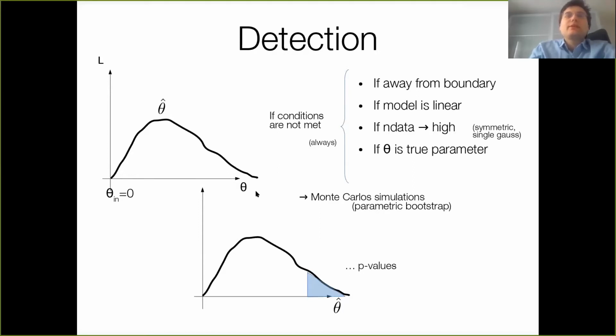And one particular case here is detection. So if you have some parameter, for example, the normalization of a new component, you want to say, okay, I detect this, I don't know, emission line or something like that. Then that normalization will go off from 0 and become positive. But how is that significant? In this case, you would simulate without that extra component, and you would derive new normalizations by fitting that extra parameter, and you would get a distribution out.